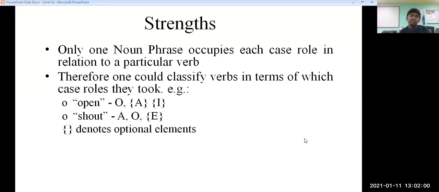Strengths include that only one noun phrase occupies each case role in relation to a particular verb. As you have seen in the previous examples or statements, we try to understand what is an open statement here.